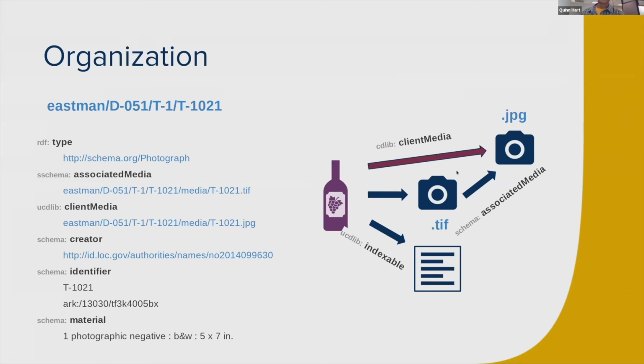And then on the right-hand side, you can see the original digital version might be a TIFF, but since that TIFF can't be used directly by our client, we have to build other associated media and then point to that so the client understands how to work from those components.